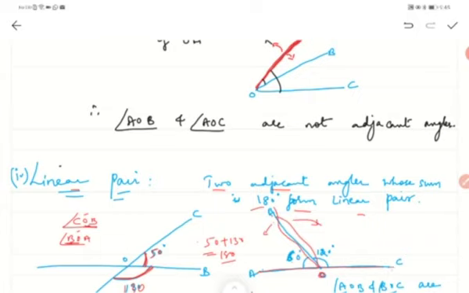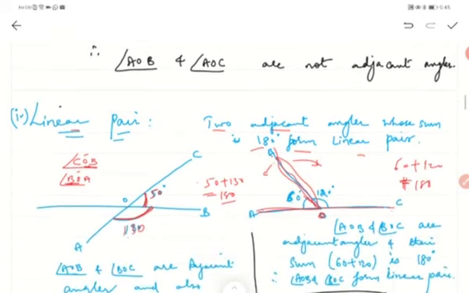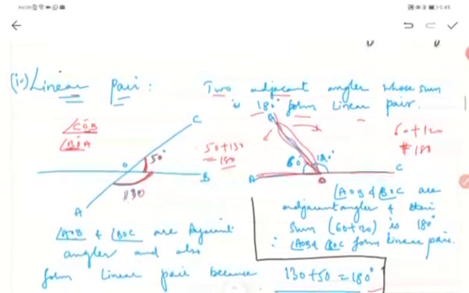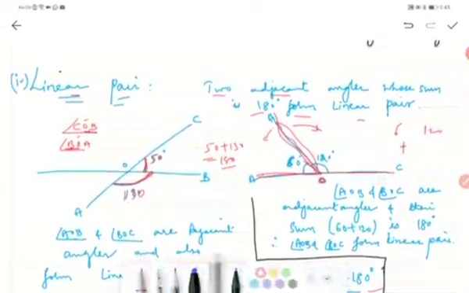So these two form your adjacent pair. Okay, adjacent angles. So if you add 60 plus 120, how much are you getting? It is 180. Therefore, this adjacent angle pair is a linear pair. If it is not equal to 180 degrees, then you will say it's a non-linear pair. Okay. So since it is equal to 180 degrees, you call it a linear pair.